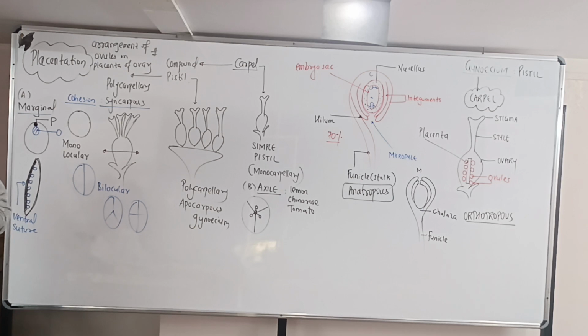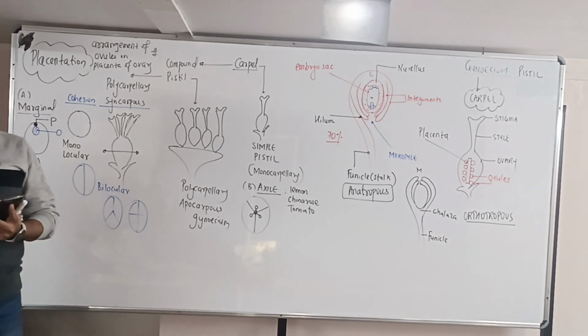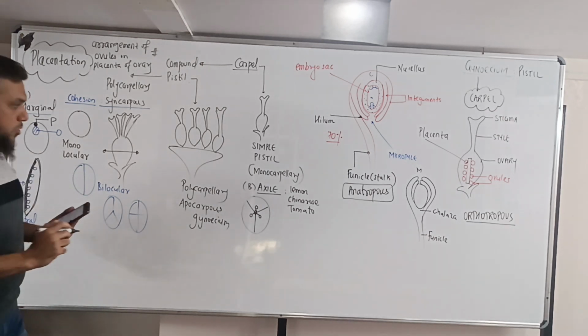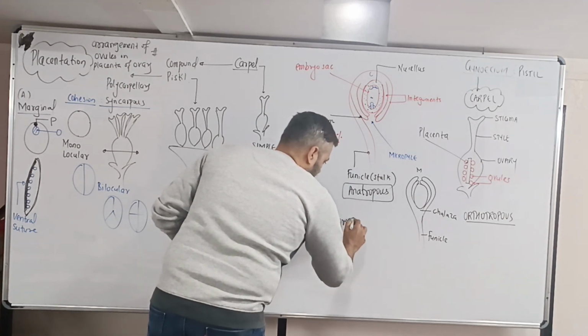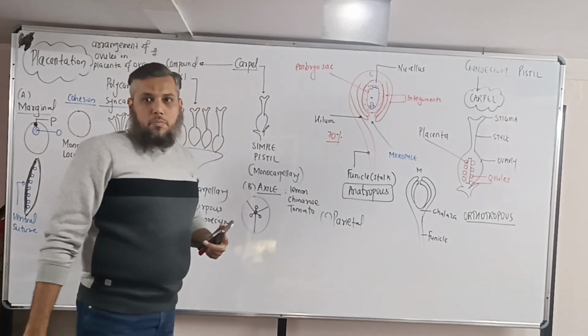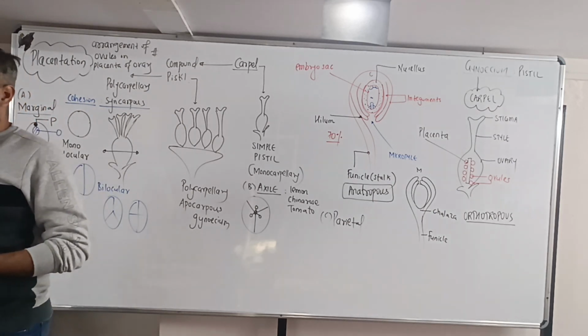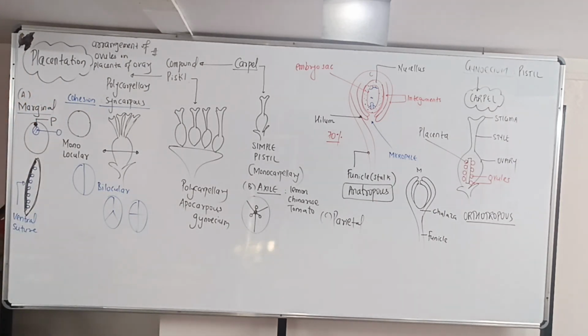See the third diagram, guys. Do you see the third diagram? And answer some things. What is the third one given? Parietal. Look at the ovary and tell me, is it unilocular, bilocular, multilocular? Unilocular. And it is a unilocular syncarpous ovary.